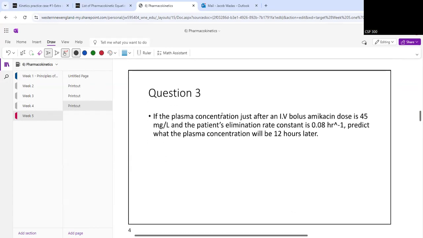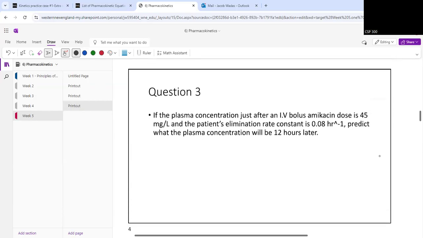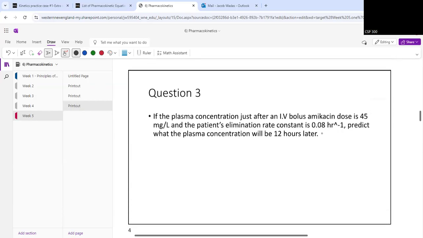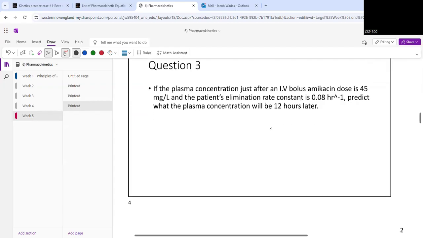Question 3. The plasma concentration just after an IV bolus of amikacin dose is 45 milligrams per liter, and the patient's elimination rate is 0.08 per hour. Predict the plasma concentration after 12 hours. So what are we solving for?